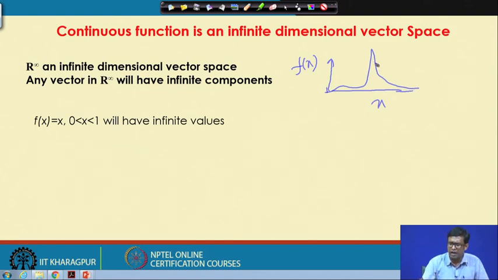Now, there are infinite points, and if at any point I change the value, I will get a different function. Maybe it is following the same pattern, but here the value is changed. So, it is a different function. So, we can get a particular vector here which is given by f(x), which has infinite degrees of freedom, or at infinite points its values are specified.